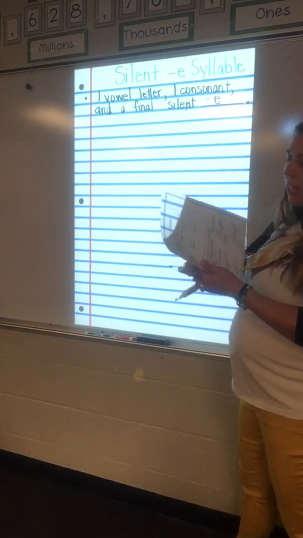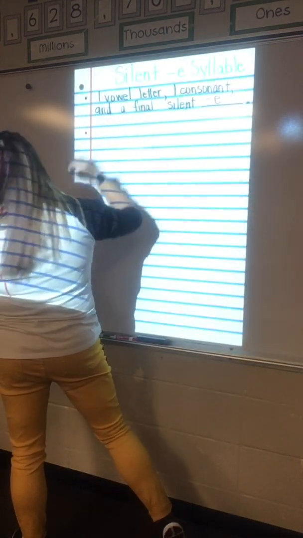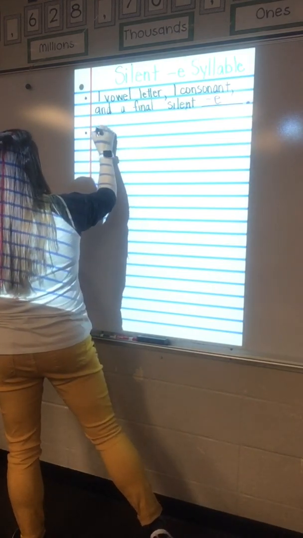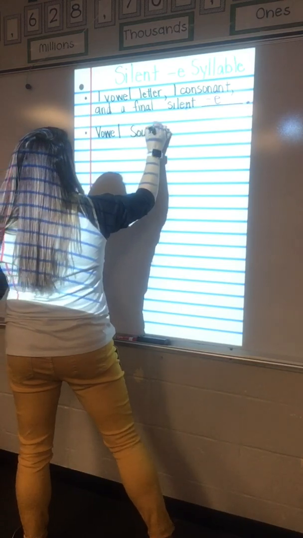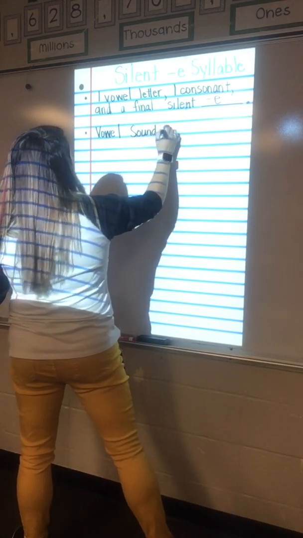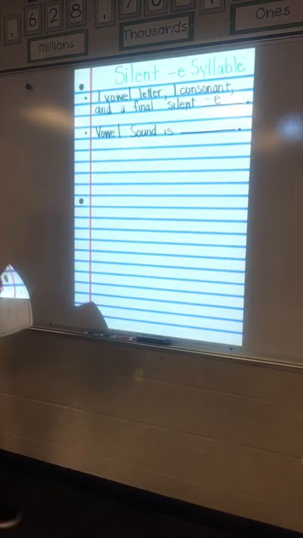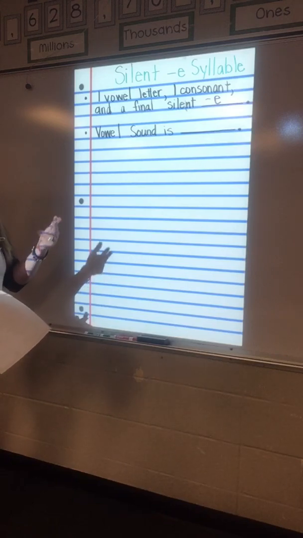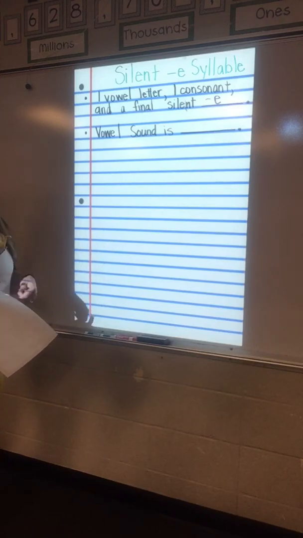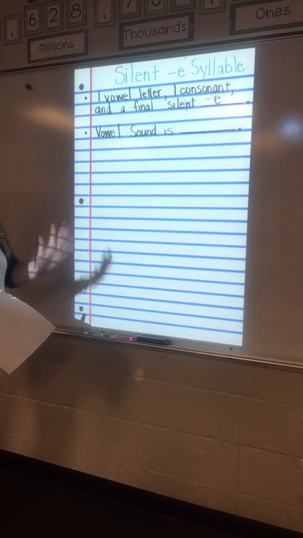Okay, the next one is, our next way to identify a silent E syllable is the vowel sound is blank. Okay, remember our vowels can say the short vowel sound, a, e, i, or they can do the long vowel sound, a, e, i, o, u.